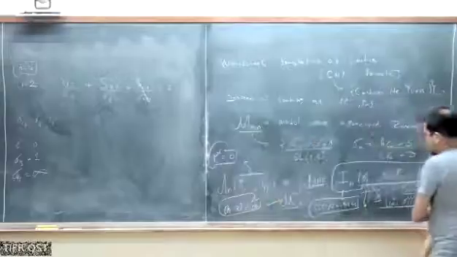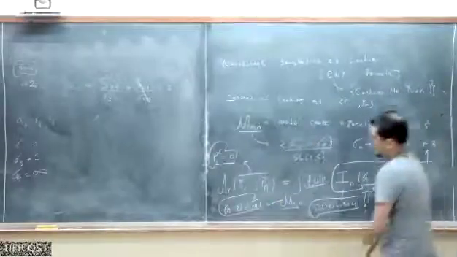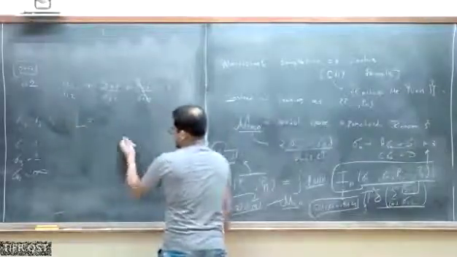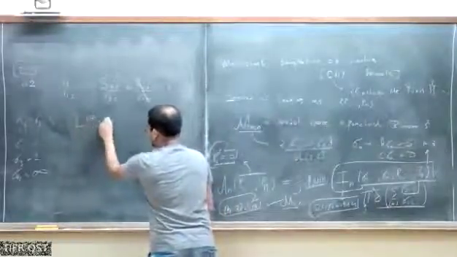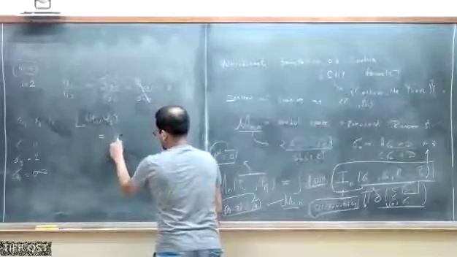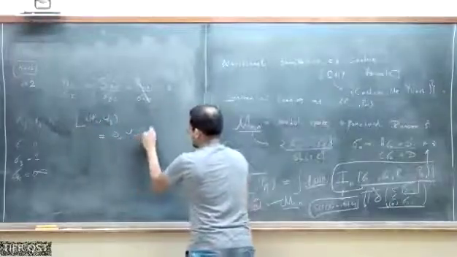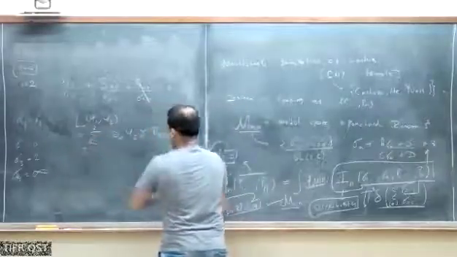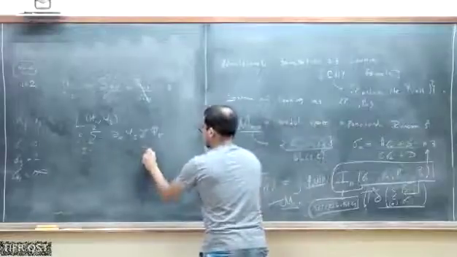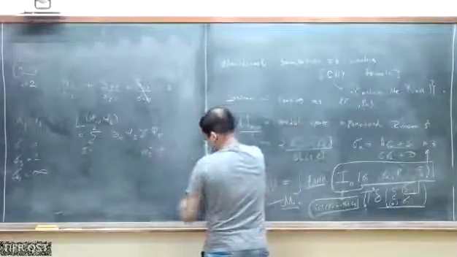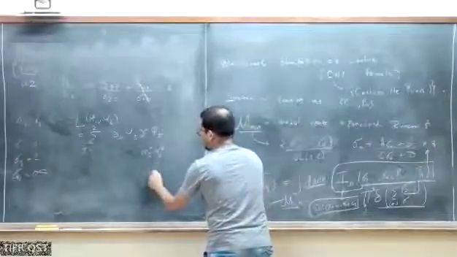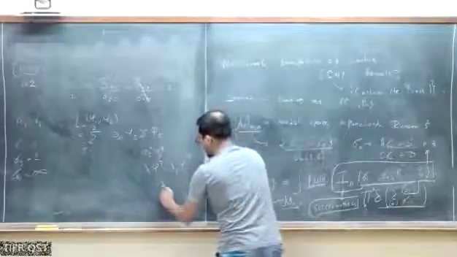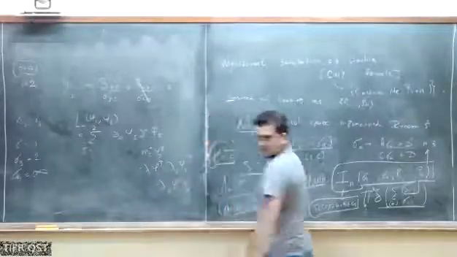So suppose I give you a Lagrangian which is a function of two fields, with the kinetic terms ∂μ φ_i for i equal to 1 to 2, minus m_i squared φ_i squared, and then minus λ1 φ1 cube, λ2 φ2 cube, and λ3 φ1 squared φ2, some Lagrangian like this.